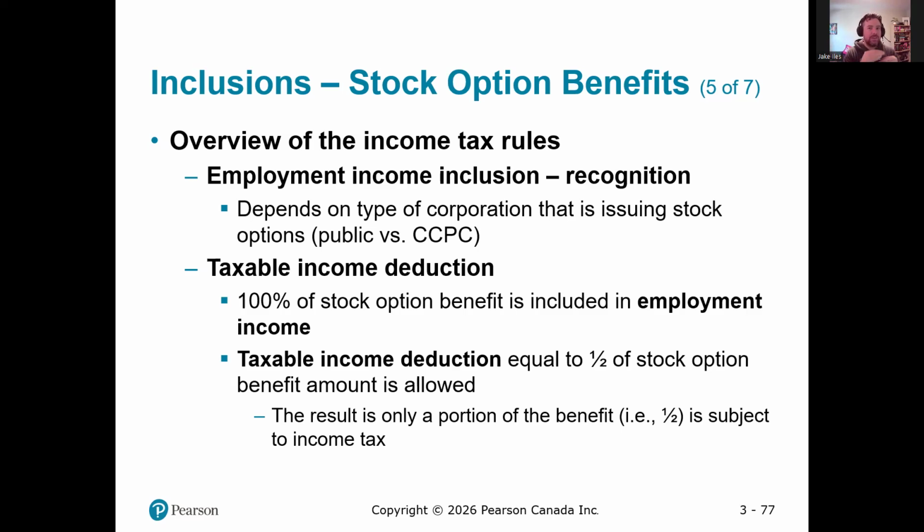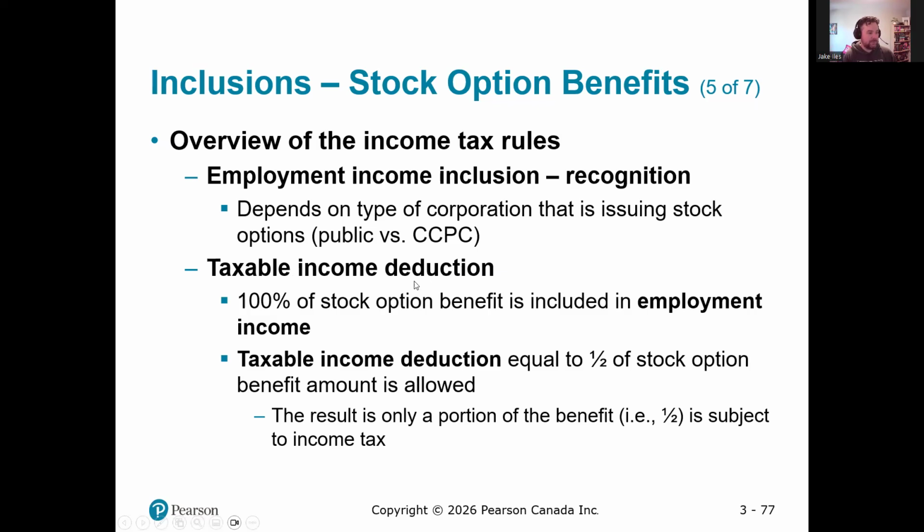I can't convert that share to cash. So if I exercise an option for a CCPC, I don't have to recognize that employment income until the share gets sold. So for a public company, employment income is recognized when purchased; for a CCPC, employment income is recognized when sold. That's the big important aspect of these two types of corporations.